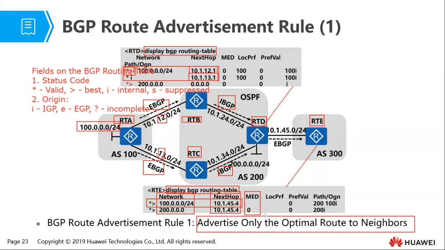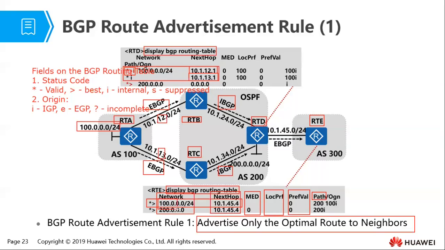Simply used to give the route metric. Local preference, we're also going to look at that in depth. Preference value, we're also going to look at that. It is Huawei specific. And lastly, we have the path. The path is the AS path.